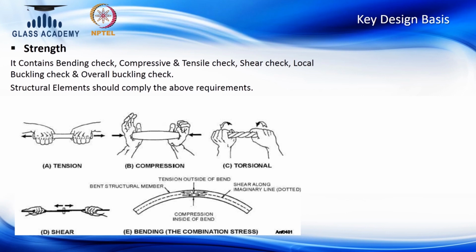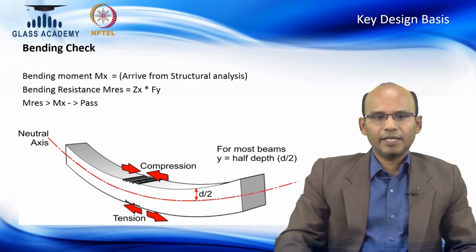In many cases the curtain wall or glazing member is subjected to a combined action of tension, compression, torsion, or it could be compression and torsion. So the designer should be able to understand clearly that action and where this check is critical. Bending check.